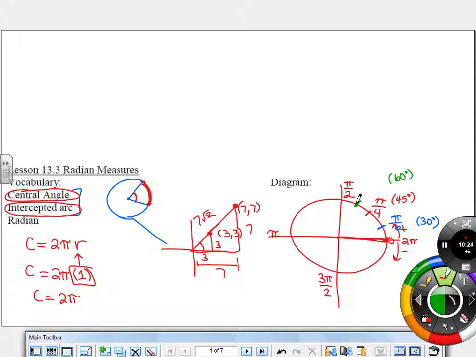Or you could say, if 30 degrees is 1/6, then 60 degrees must be 2/6, and 2/6 reduces to be 1/3. And that makes sense. See, 1/6, 2/6, 90 would be 3/6, which reduces to be pi over 2. It's just a whole other world of measuring, and yes, you have to have pretty good fraction number sense about it.